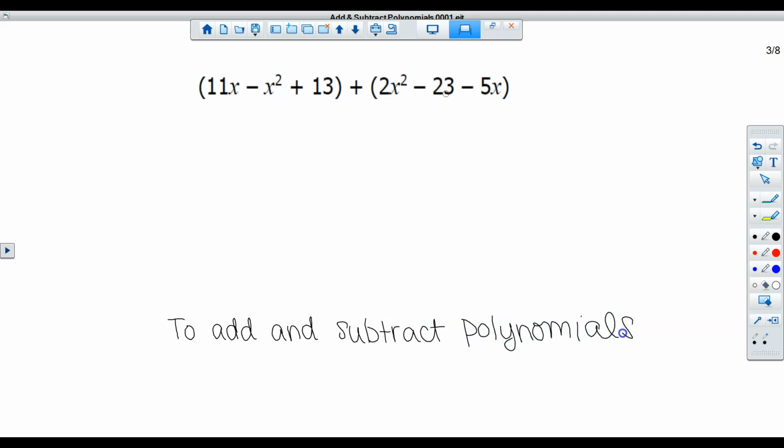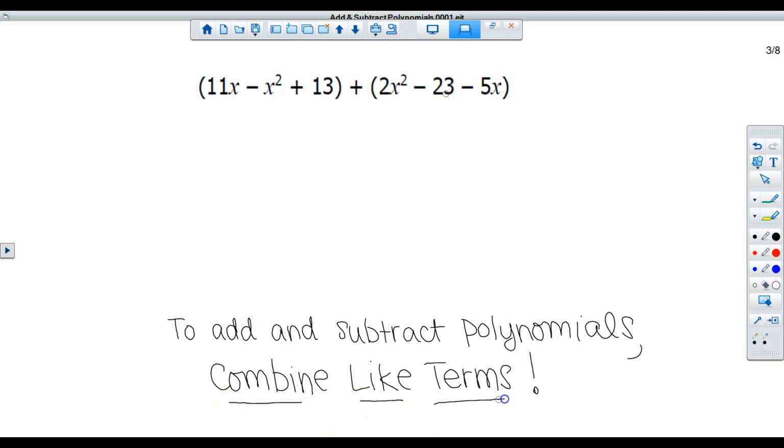To add and subtract polynomials, what you are going to do is combine like terms. Combine like terms, which thankfully is something we have done a lot this year. So this is going to be a lesson that I think you'll benefit from the fact that it's got some old stuff in it. So to add and subtract polynomials, combine like terms.